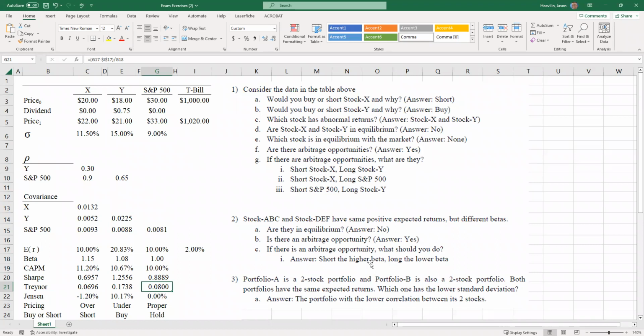So all we need to know based on this information is that the one with a higher beta, you want to short that one because that's the one that is going to give you a lower Treynor ratio. And the one with a lower beta, you want to long that one because a smaller denominator gives you a higher number after you divide. So this is a logic situation.